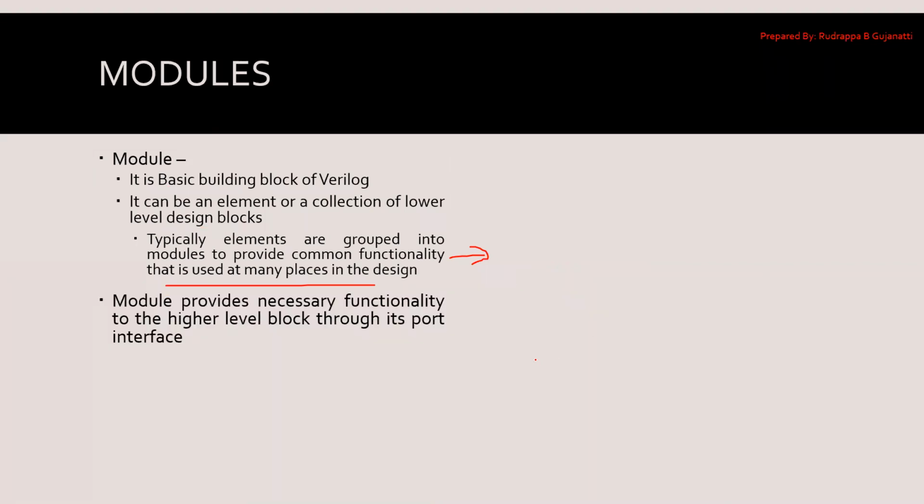Then a module basically provides functionality which is required for the higher level blocks, and that is done with the help of the port interface. In previous sessions we had written module name, and then we had some list over there.